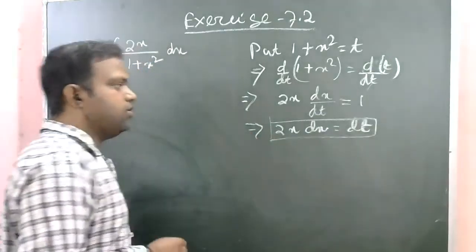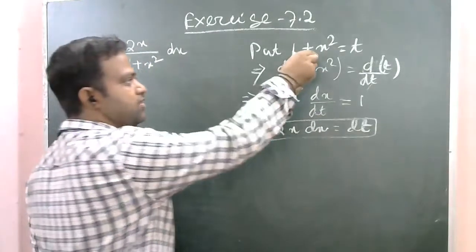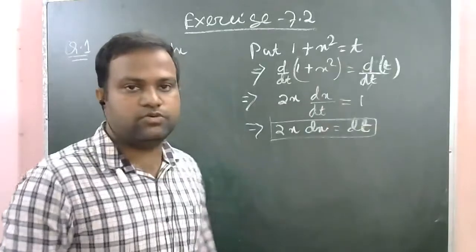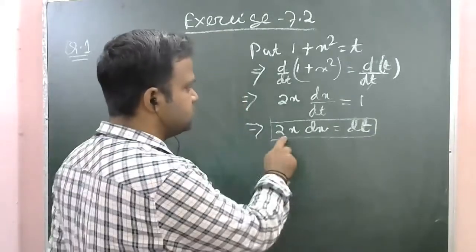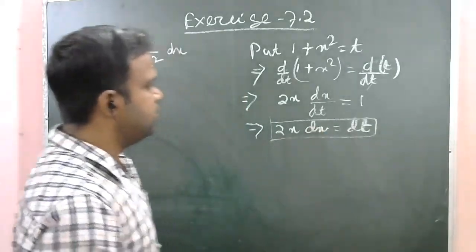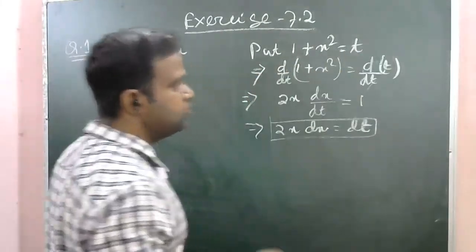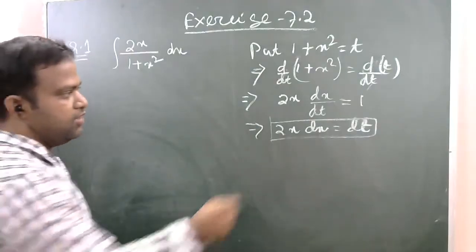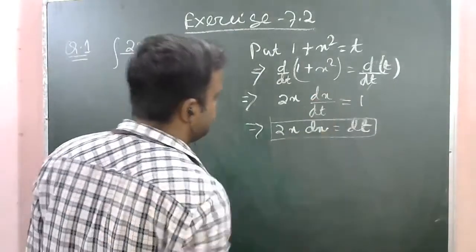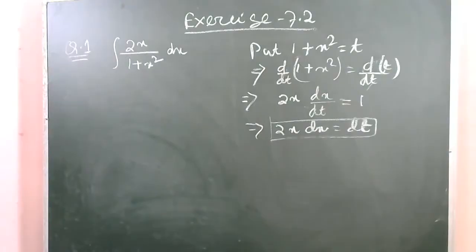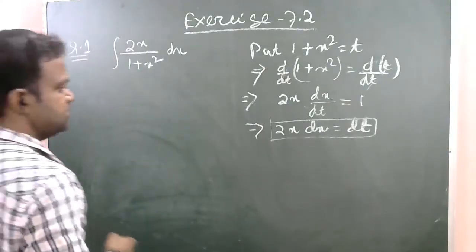So this is what we got after I put 1 plus x square is equal to t. I differentiated both sides with respect to t, and one extra term will come if you know the chain rule. So I can write like this.